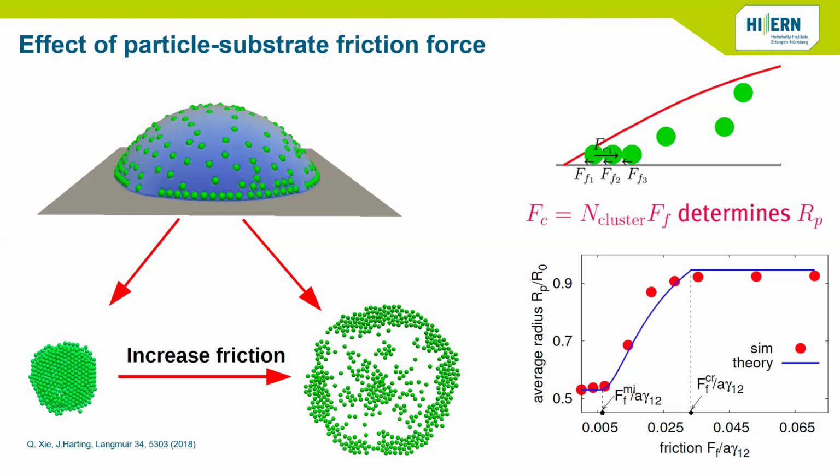The capillary force is a function of surface tension, particle radius and also contact angle of the substrate. And the friction force we set is constant, so with the balance we can determine the average radius of the deposit. Here we plot our theoretical model with a solid line. We see a very good agreement between the simulation result and the theoretical prediction.